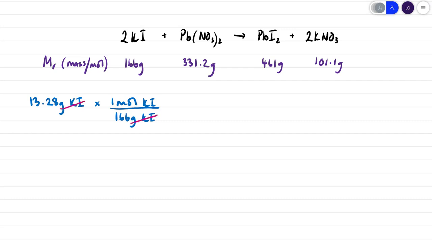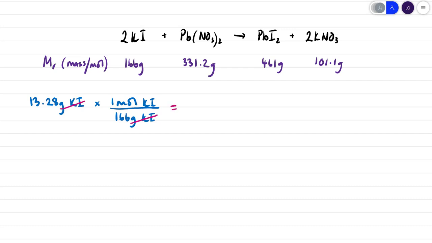So we need 1 on the top and 1 on the bottom. That's why I've set it up this way, that 1 mole of potassium iodide is 166 grams of potassium iodide. I could also have flipped it the other way around to use that as a conversion factor, but I've gone for this layout because I want the grams of potassium iodide to cancel out.